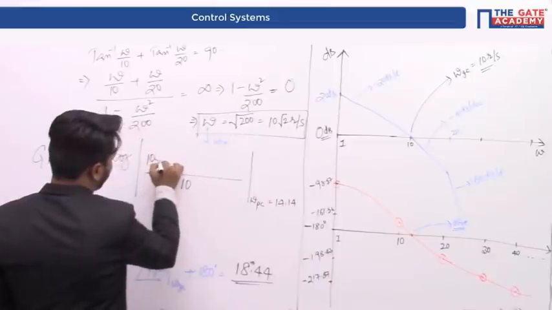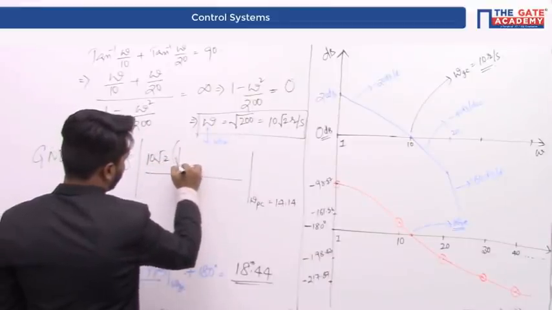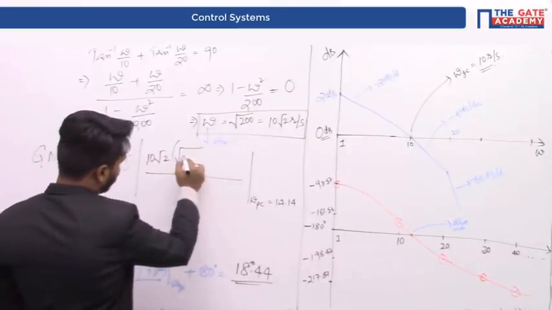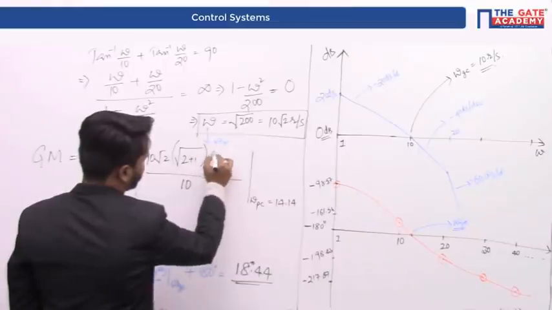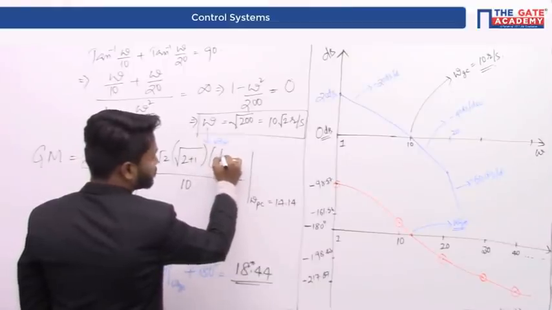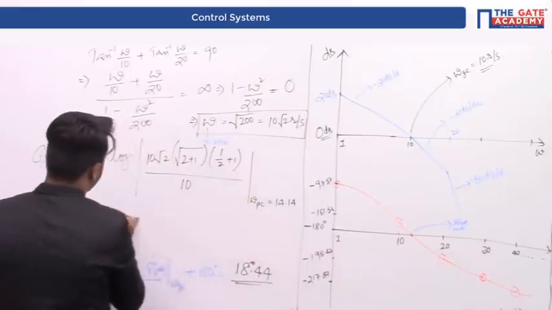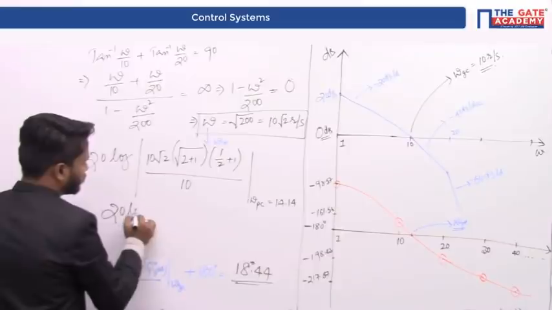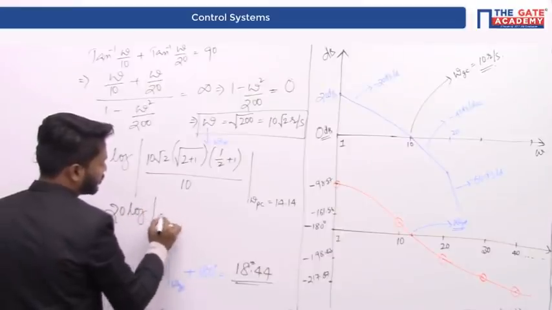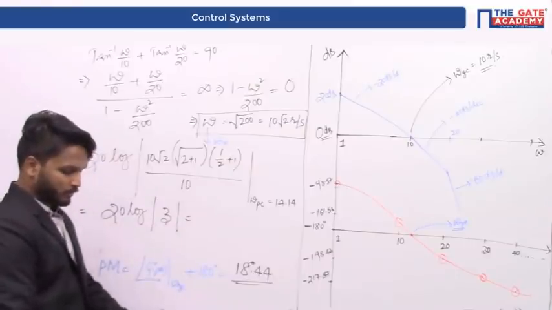Therefore, if you put omega is equal to 14.14, or else 10 root 2, you will simply get the magnitude as 10 root 2 multiplied by under root 2 square plus 1, multiplied by under root 1 by root 2 square plus 1. Therefore, this will be equal to how much? 20 log modulus of 3.